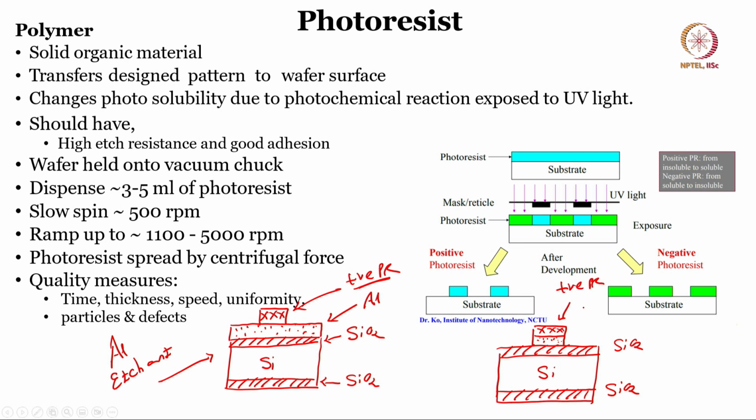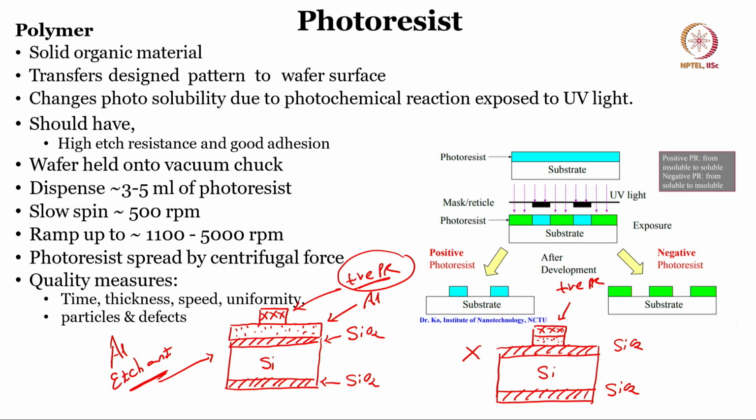But if the etch resistance of this positive photoresist is poor, then it will not withstand the aluminum etchant and we will not be able to get this particular pattern. That is what etch resistance means. It should have a good resistance against the etching, the chemical that we are using to etch the material.